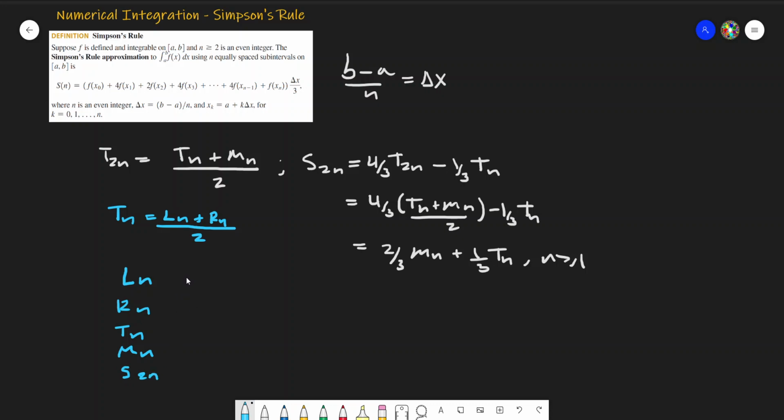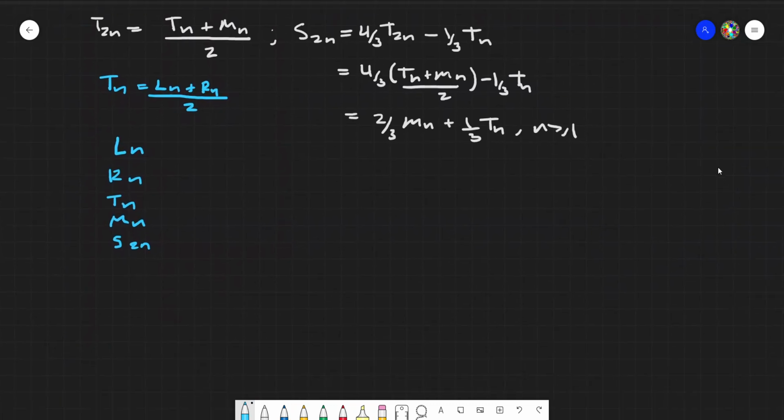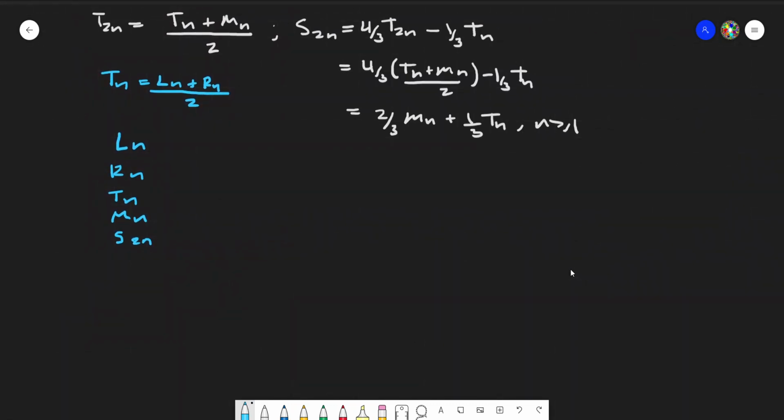That would be interesting if we can formulate a table with respect to using Simpson's rule.